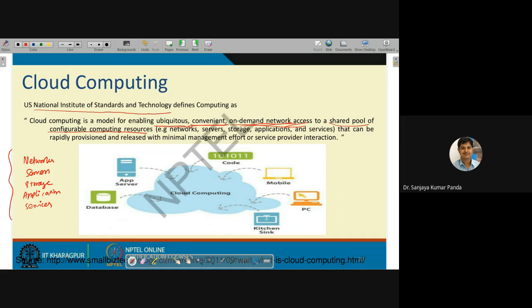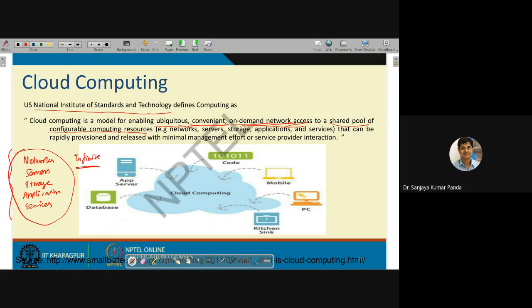And we consider this particular pool as an infinite pool. Practically, there is nothing called infinite, but we treat this pool as infinite because whatever requirement a user gives is very, very small in comparison to this pool.